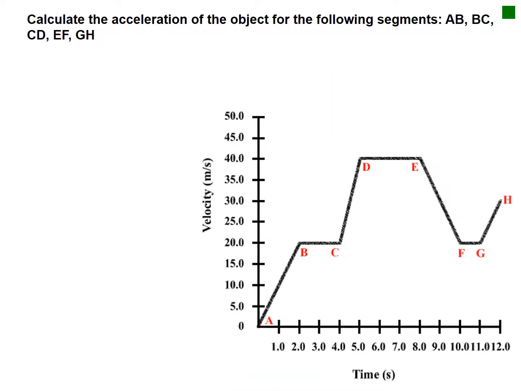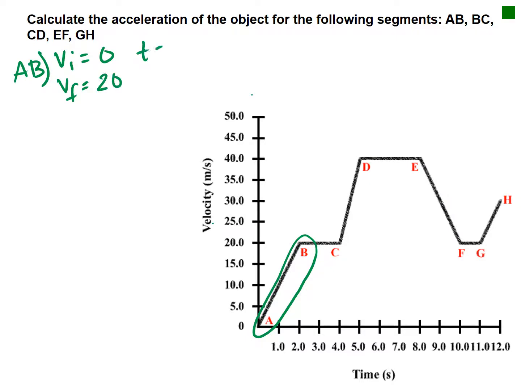All right, so here we go. We need to calculate the acceleration of the objects along each segment: AB, BC, EF, and GH. Let's start with AB. For segment AB, our initial velocity is 0. Our final velocity is 20.